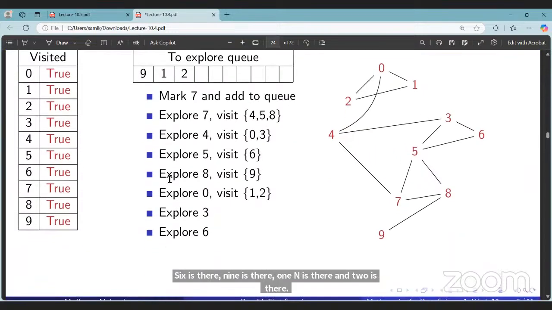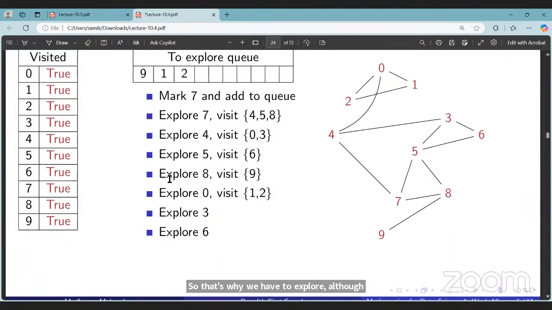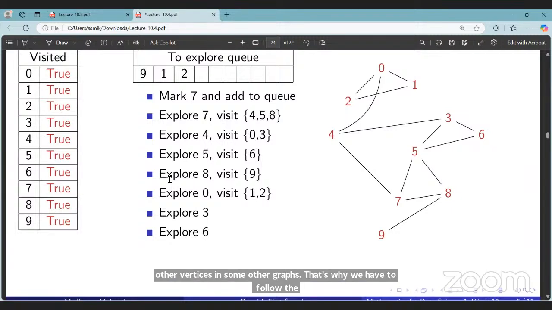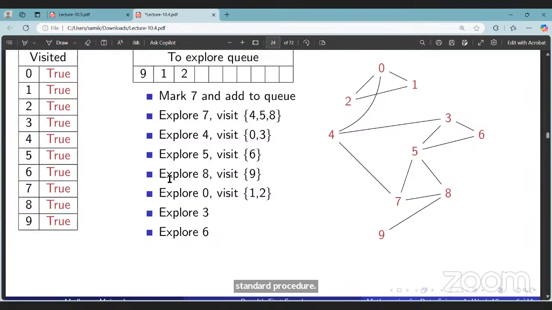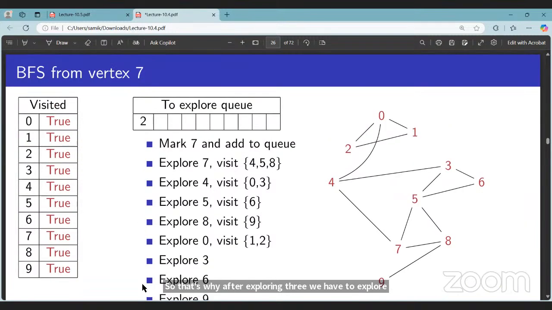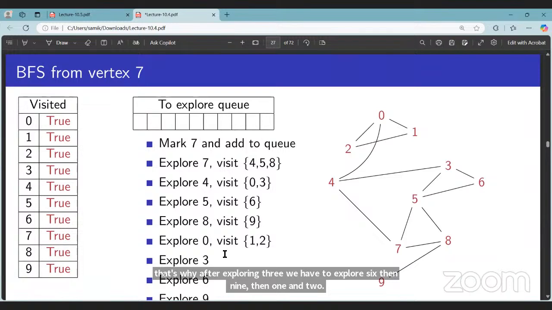Although these explorations won't give us anything new in this graph, that's the procedure of BFS. It is possible that other graphs have other vertices, so we follow the standard procedure. After exploring 3, we explore 6, then 9, then 1, and at the last 2.